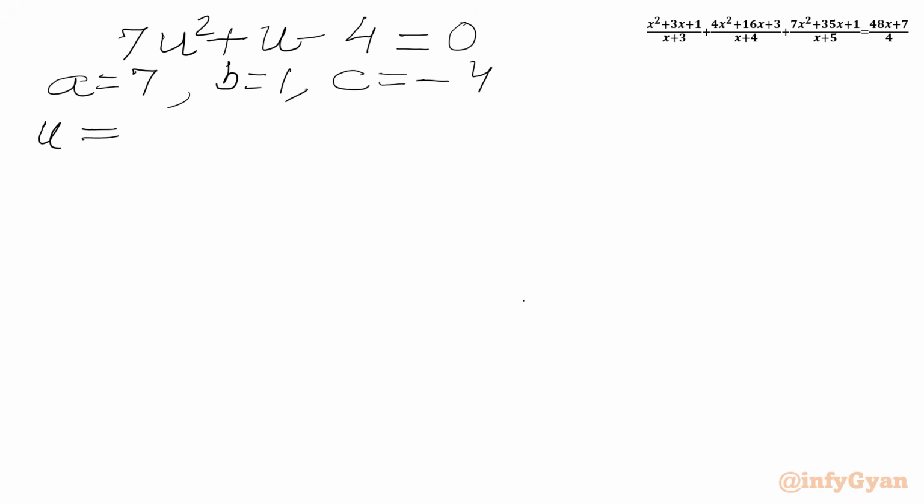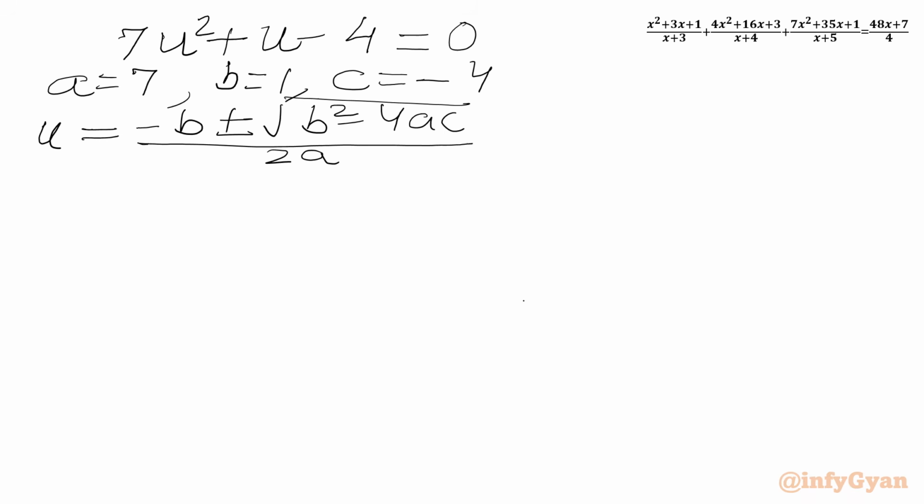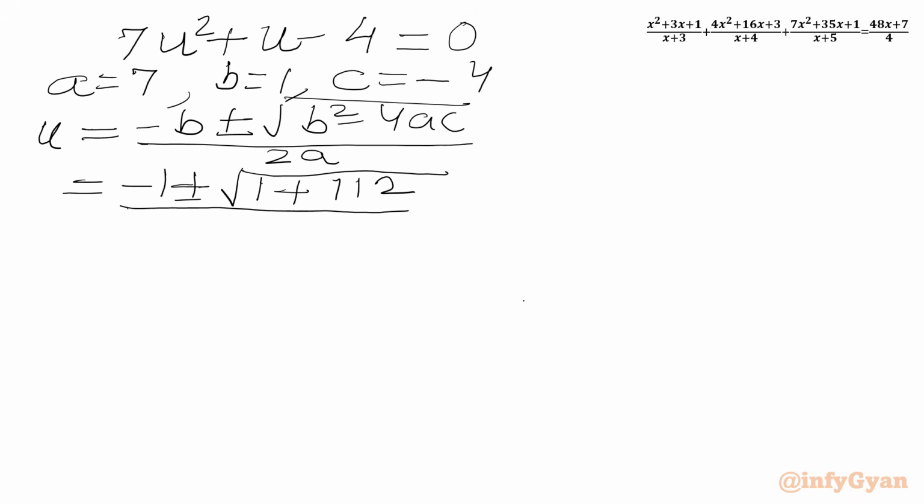So u will be equal to minus b plus minus square root of b square minus 4ac over 2 times a. I will get minus 1 plus minus square root of b square, which is 1, minus 4 times 7 times minus 4. The value will be plus 112. And in the denominator 2 times 7 will be 14. So we are going to get minus 1 plus minus square root of 113 over 14.